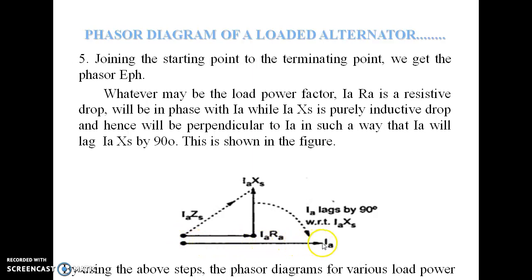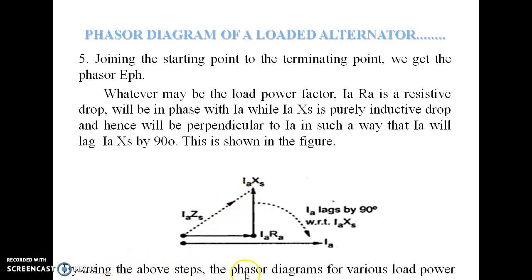This is your IA current phasor. This is IARA. This is IAXS. Here you can see IA lags by 90 degrees with respect to the IAXS axis. This one is 90 degrees, and here is the IAZS. Z is nothing but the synchronous impedance.